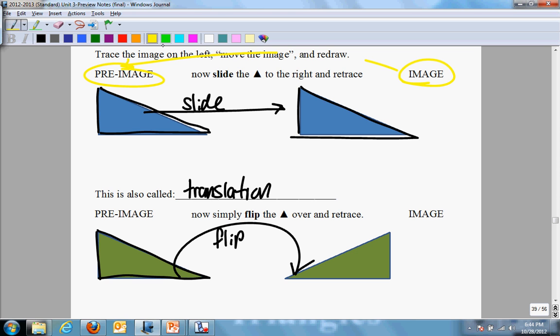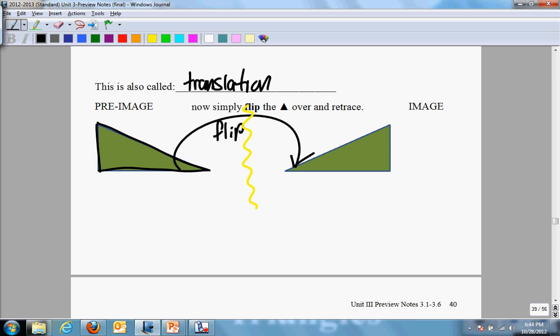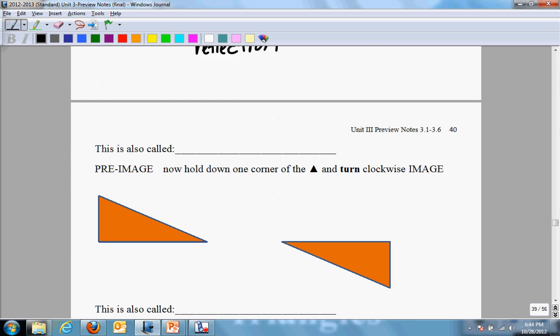Also think of it as a reflection, as if there was a mirror here and you were to flip it over to the other side like a mirror. This mirrored image is called a reflection. So the first sliding motion was translation, the second one was reflection.